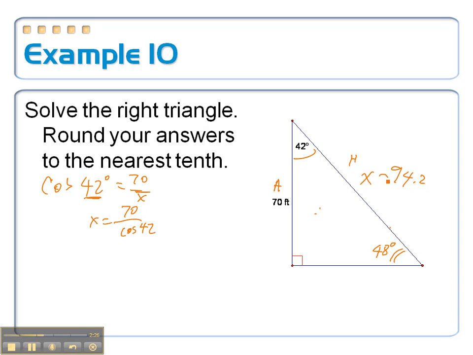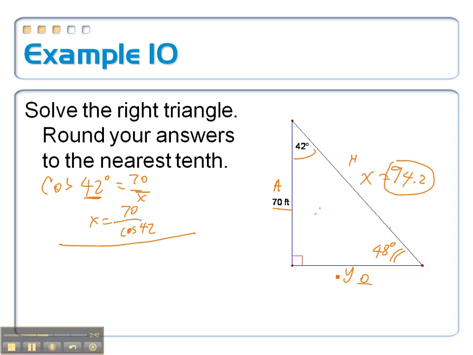Since this is the hypotenuse, I know that this side is supposed to be bigger than 70, so that number makes sense. Okay, so now let's find what is the opposite side.